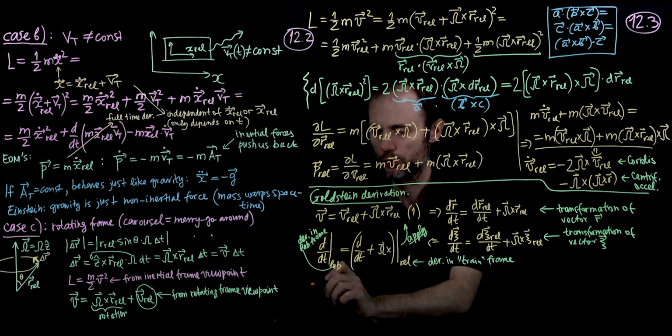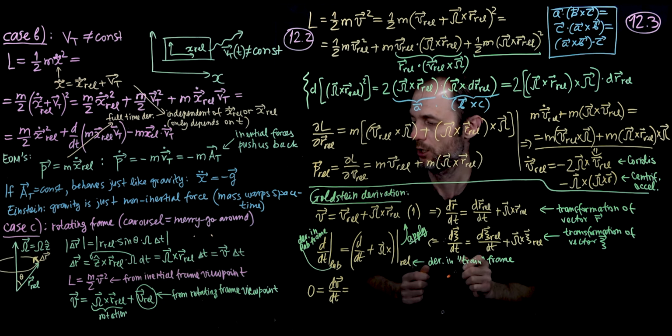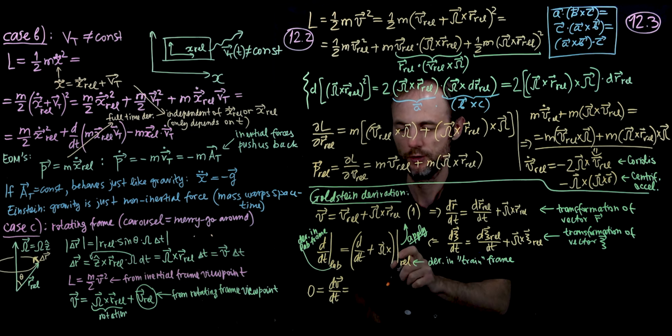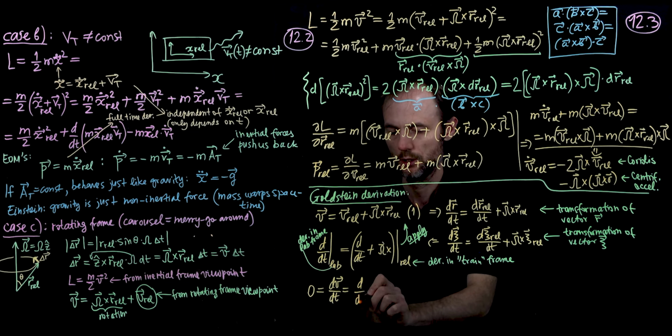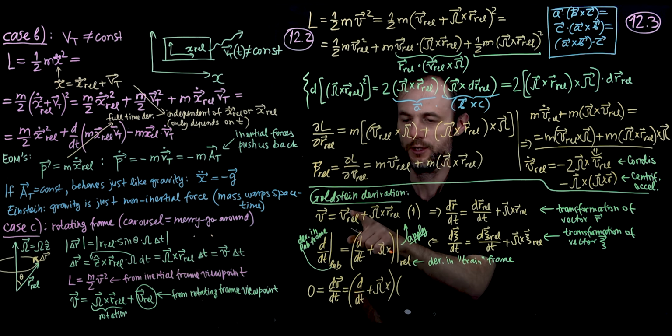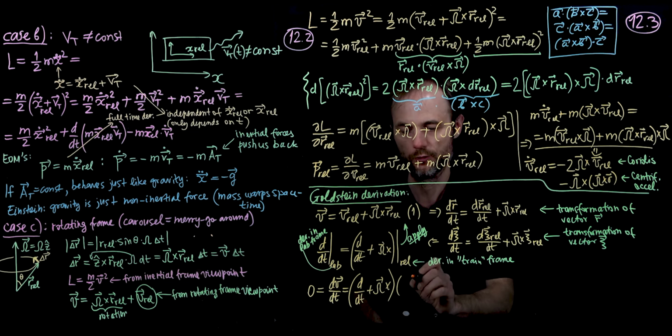Well, our equation of motion in the lab frame is that dv/dt is 0, right? But d/dt in the lab frame is this in the train frame, so it will be d/dt plus omega cross, and then this will be applied to the velocity expressed in terms of the train coordinates in the train frame, right?